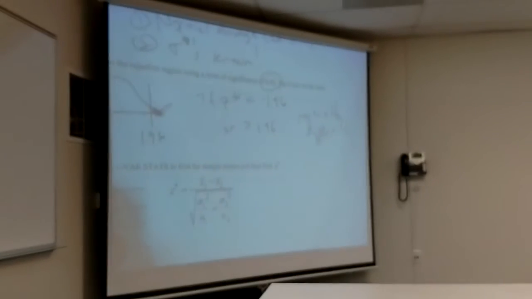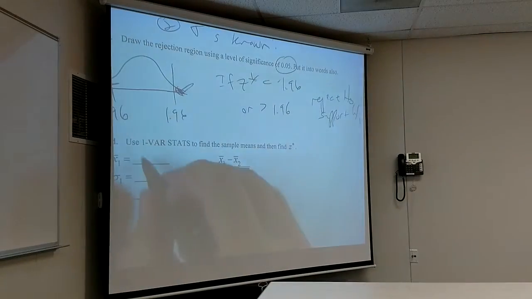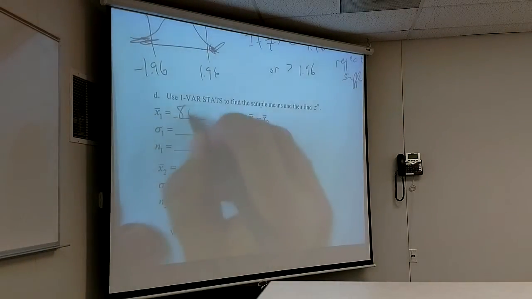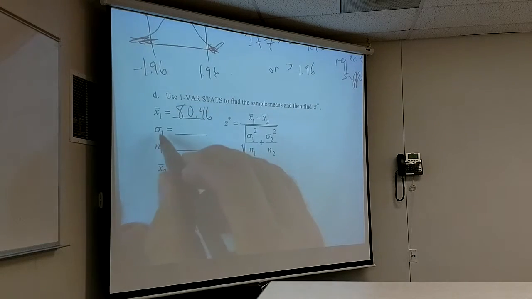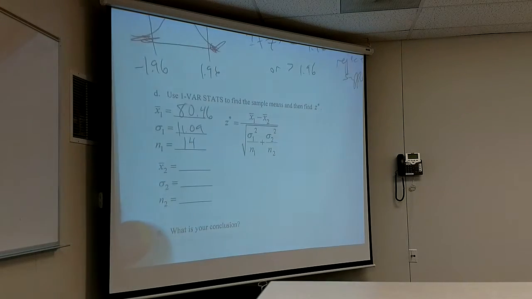So what do you guys get for X bar 1, the mean for the females? 80.46, all right. And this guy, 11.09, and we had how many women? 14. Is everybody cool with that?